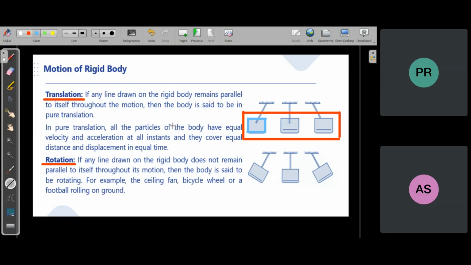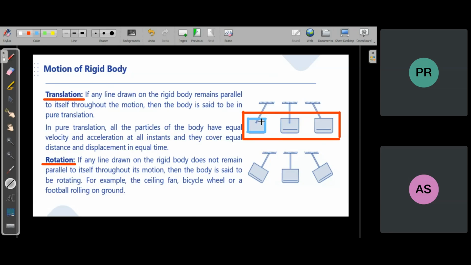Translational motion means the body going from one position to another position without any change in orientation, without rotation. The body goes from one point to another in such a way that all the particles of the body have the same displacement, same velocity, and same type of path followed by all the particles.